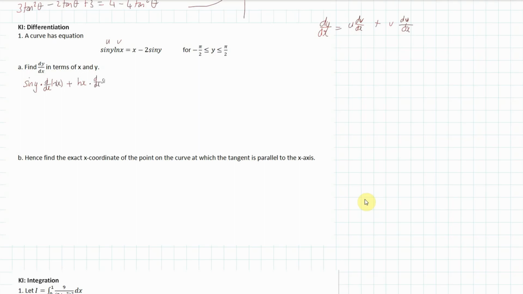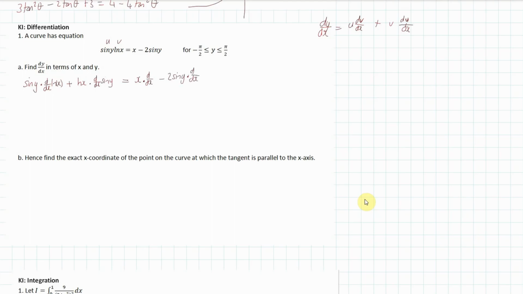I think I should probably have that after them, shouldn't I? Never mind. I'm on track now. Okay, and then equals x by d dx minus 2 sine y d dx.